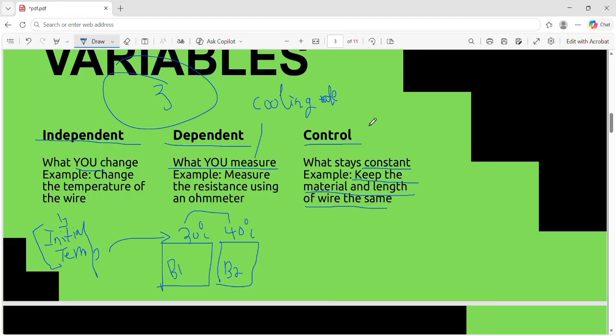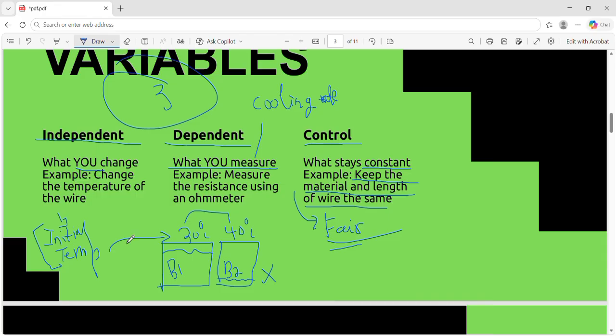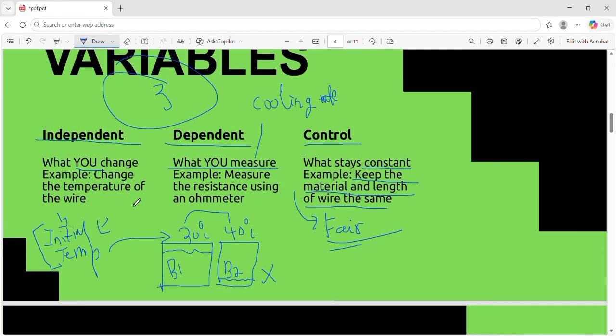And then control: what has to be constant for it to be fair? You have to keep the whole experiment fair, right? For example, if this has more water and this has less water, then this is unfair, because the only thing you want affecting the cooling rate is the initial temperature, but in this case the volume will also be affecting it.